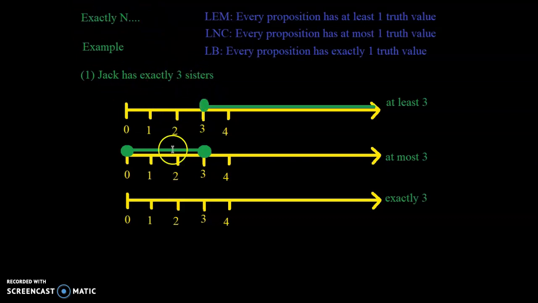But recall our previous 2 graphs. This was when Jack had at least 3. This was all ruled in, this was all ruled out. At most 3, this was all ruled out. These possibilities were all ruled in, okay? Now, basically, combine the graphs because exactly 3 is both at least 3 and at most 3. All right, so in other words, how would you fill in the graph here for this statement, assuming that it's true?